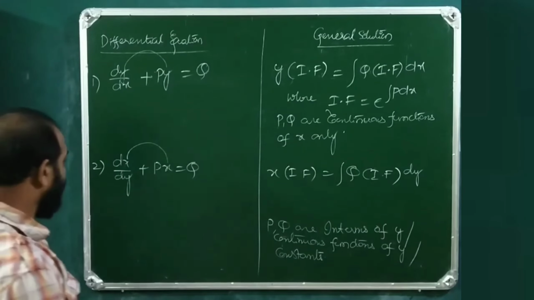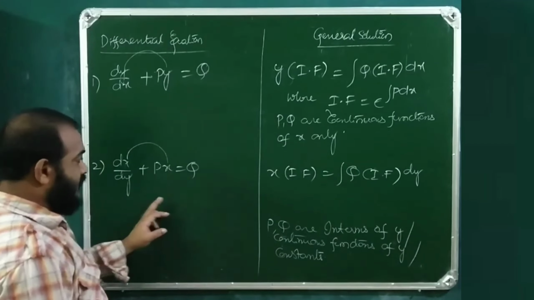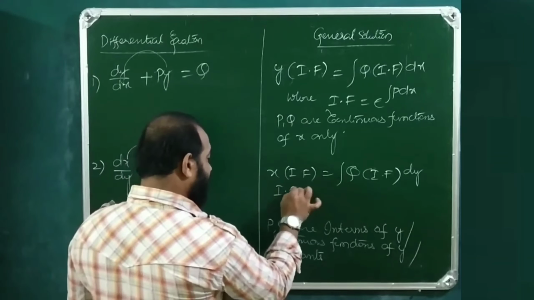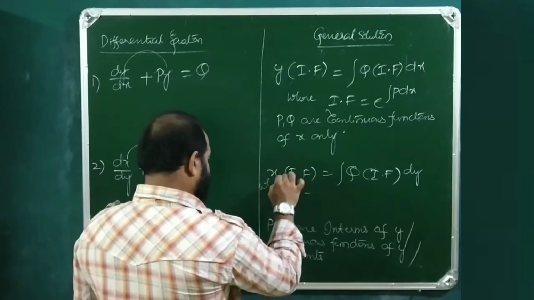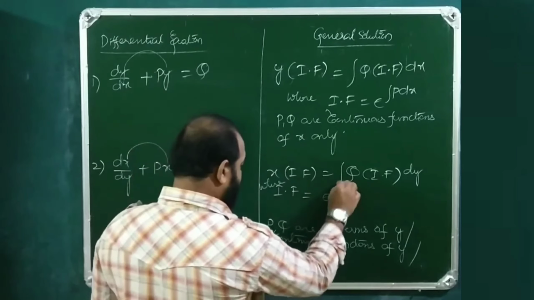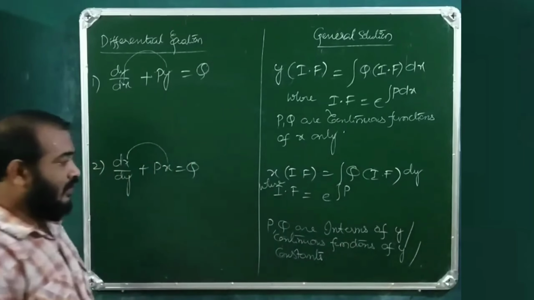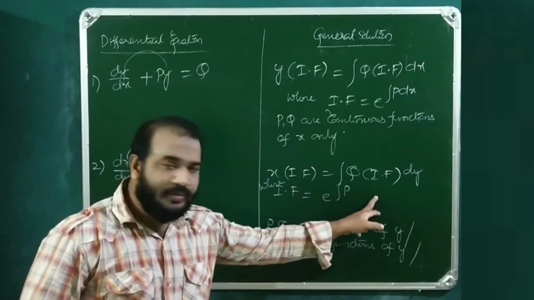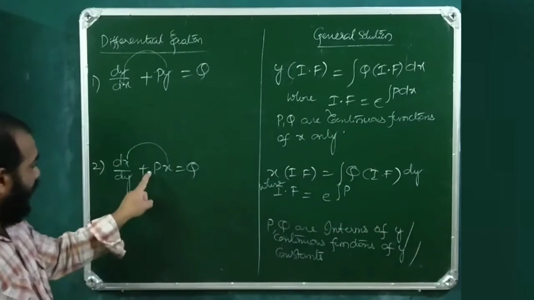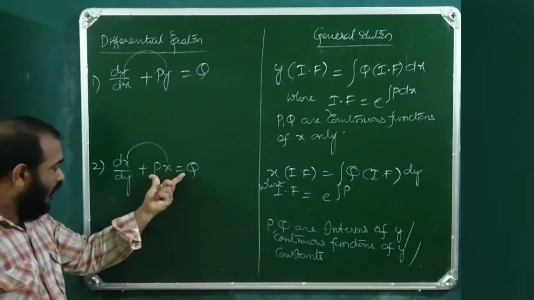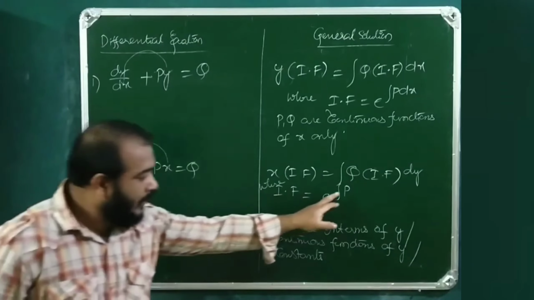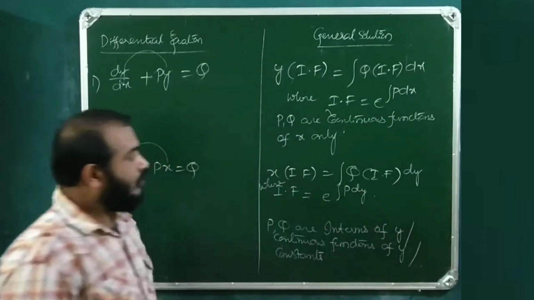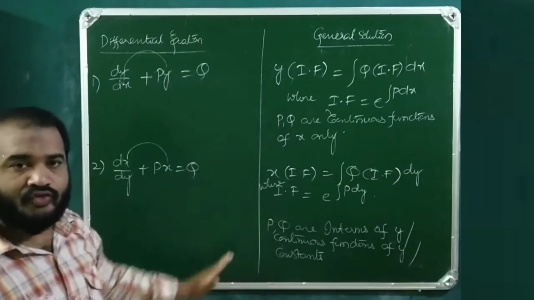So this is the integral factor here, where the integral factor is equal to e power integral p. If you have a doubt whether dx or dy is to be written: here p comma q are in terms of y, therefore p is associated with dy. So this is what we have discussed so far.